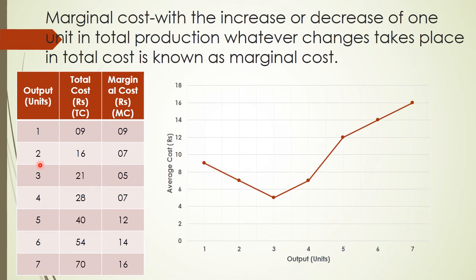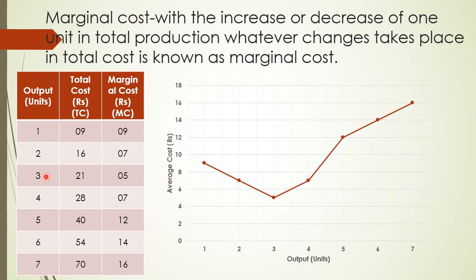Now see, at 1 unit your total cost is 9. So here marginal cost is also 9. Then it comes to 2 units. At 2 units your total cost is 16 and marginal cost is 7. How does this marginal cost come? See, we have added 1 more unit, right?